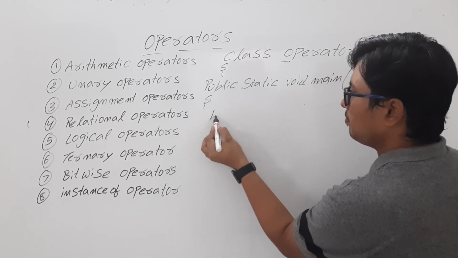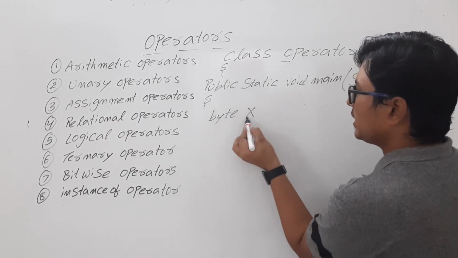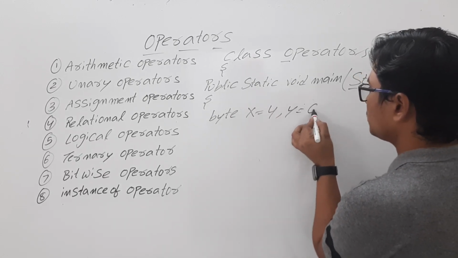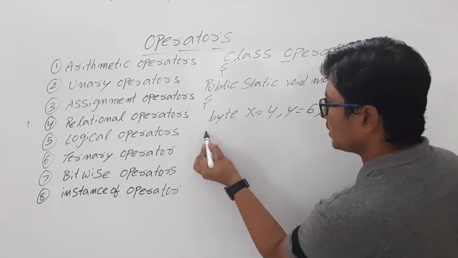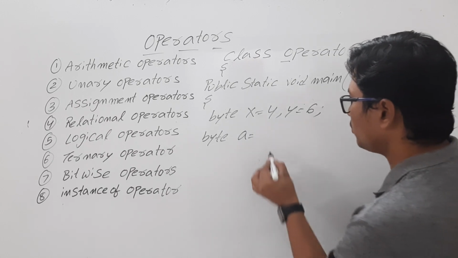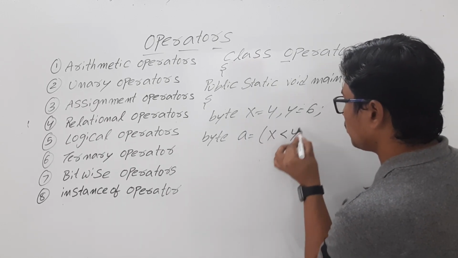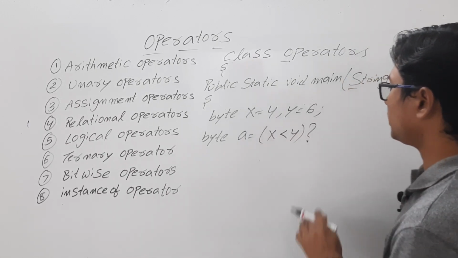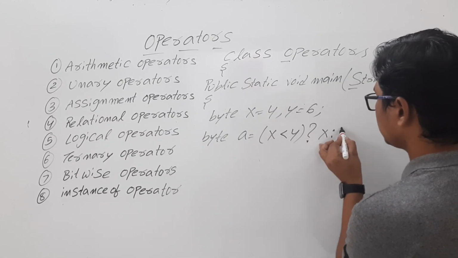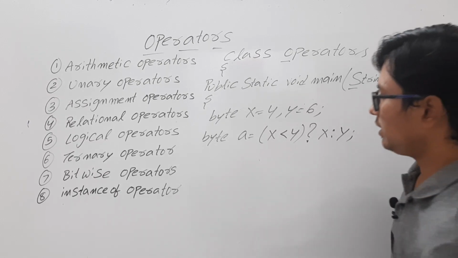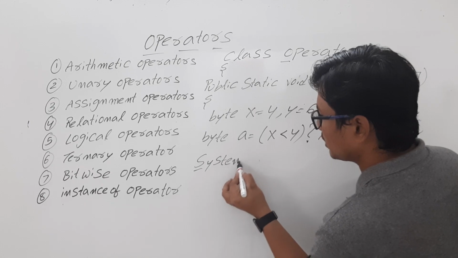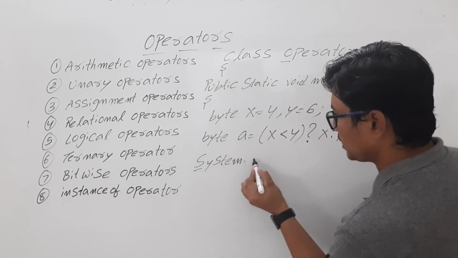Then I am writing byte x is equal to 4, and y is equal to 6, and I am writing byte a is equal to x less than y. I am writing the ternary operator, then x else I am assigning y. Then if I print the value which is there in the variable a, let me write System.out.println, where S should be capital.